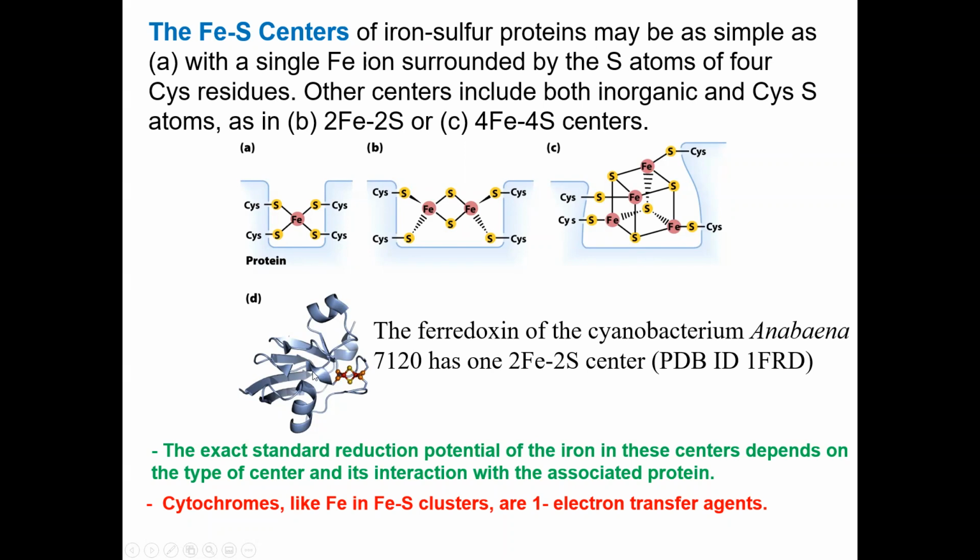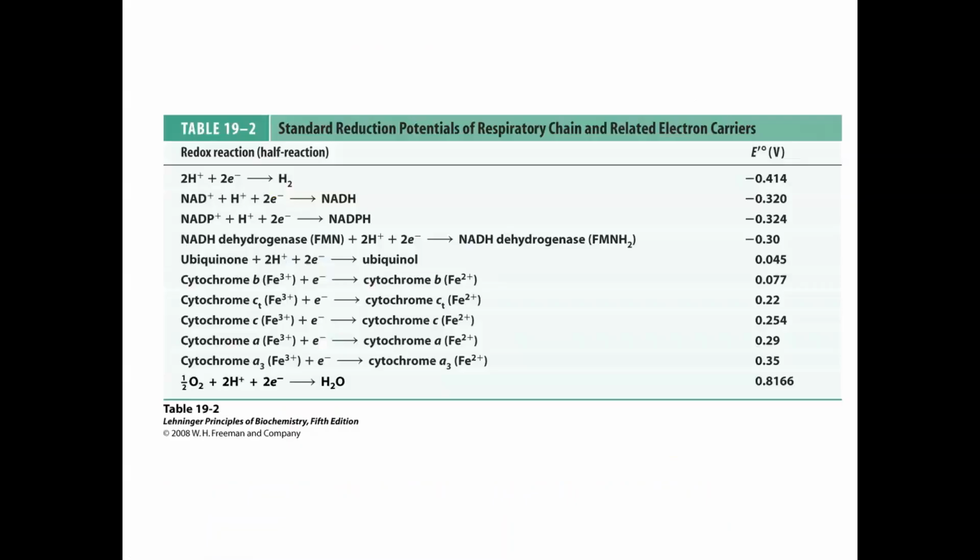As a student of biochemistry, you can appreciate that, I am sure, because the reduction potential can change depending on the environment of the redox center. So that's the introduction to iron sulfur centers, quinone, and cytochromes, all of which you have not seen before. With that introduction, you are ready to dig a little more into the reactions of the respiratory chain.